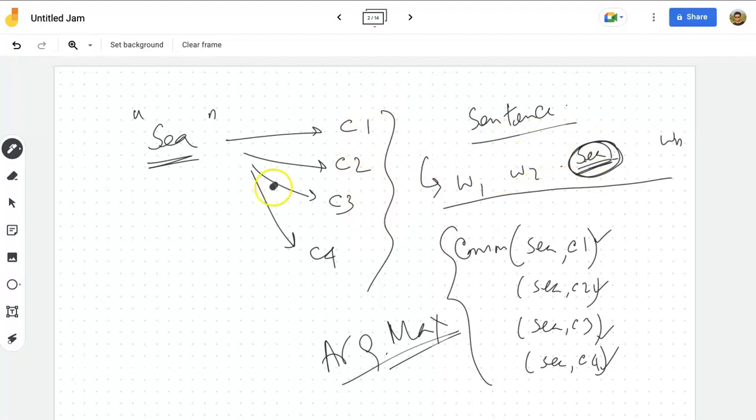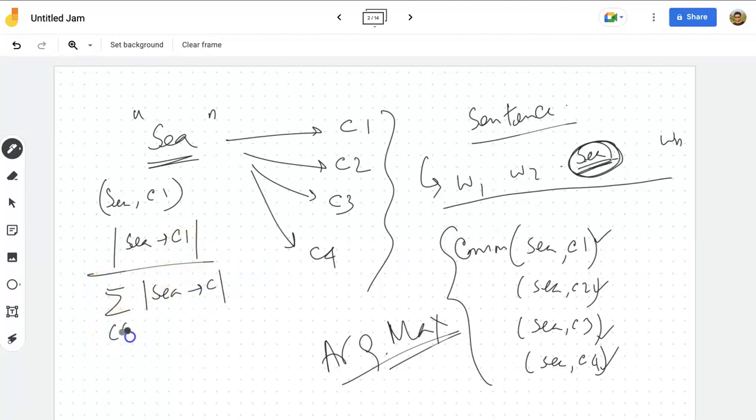Now, there is a drawback with this commonness formula. What is the commonness formula? It is the number of times this word is connected to, say, C1, and all others, divided by all the connections, so all the C's.